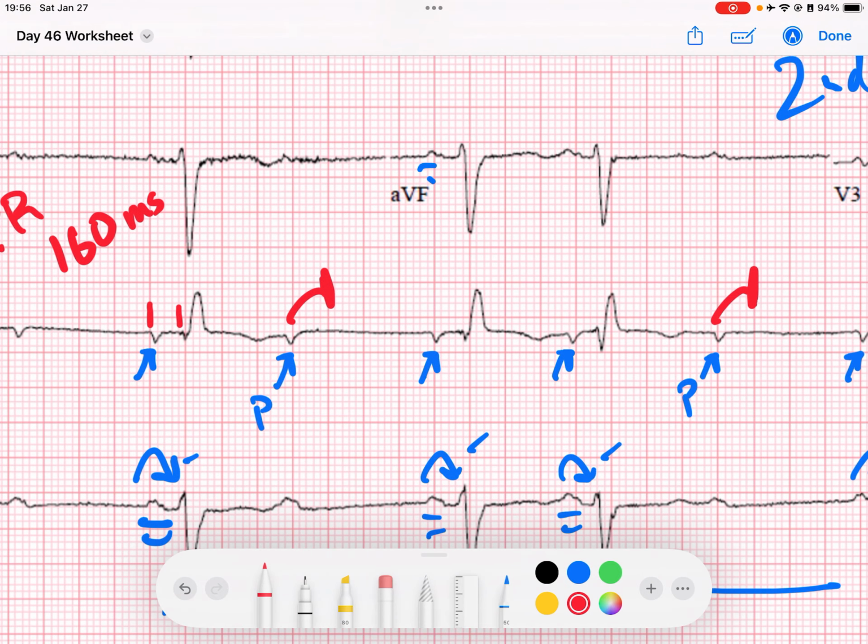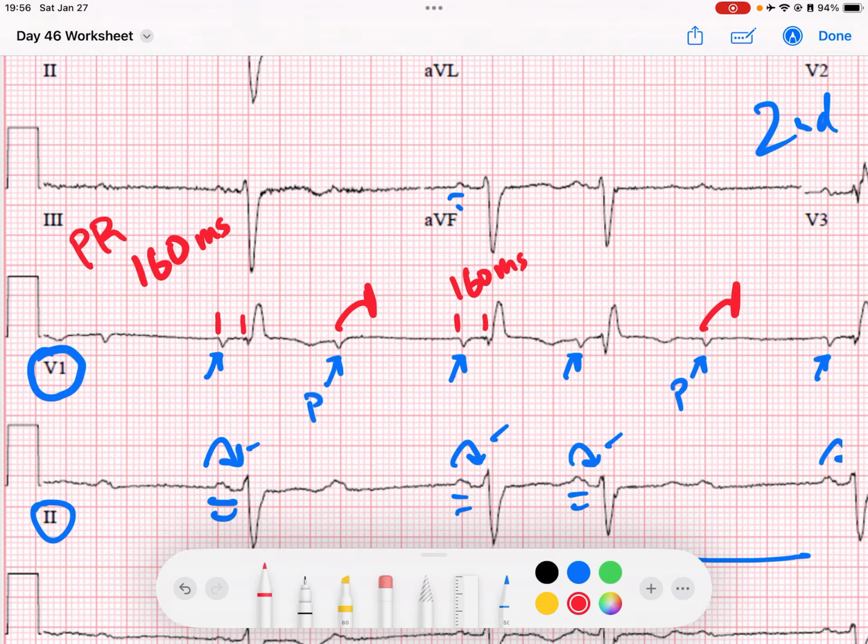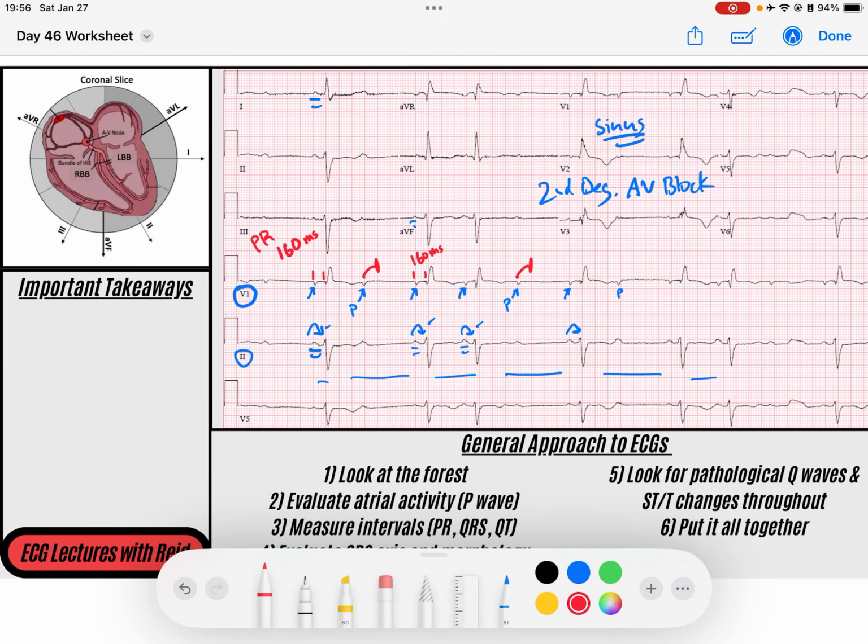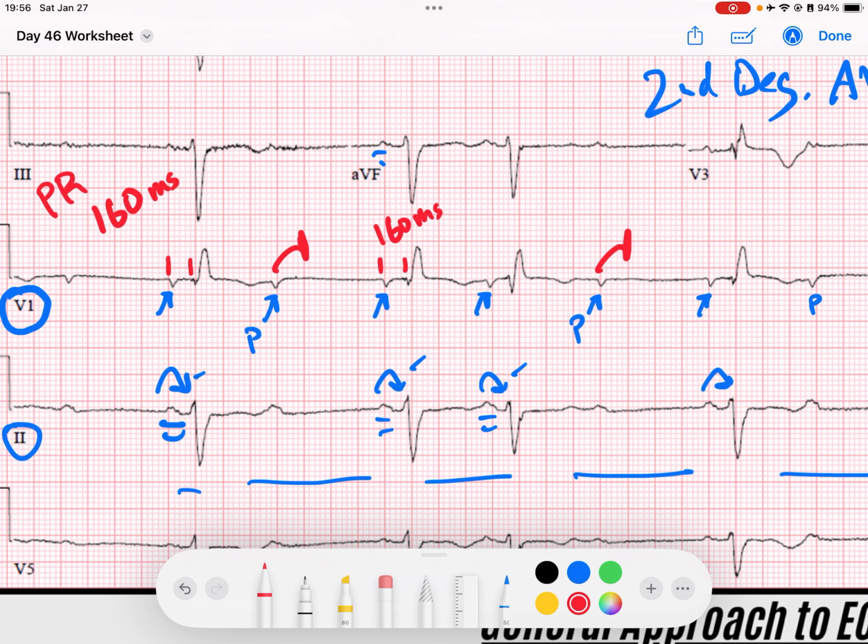Let's look at the next PR. This PR looks to be roughly the exact same, 160 milliseconds. Now we know that in second degree type 1, the PR interval should get longer, and in second degree type 2, the PR interval should stay the same and then drop. So we need to find 2 consecutive beats, and here we have that with these 2 beats.